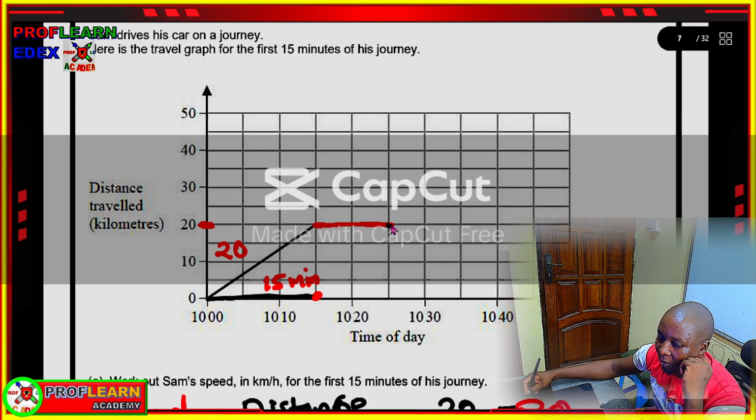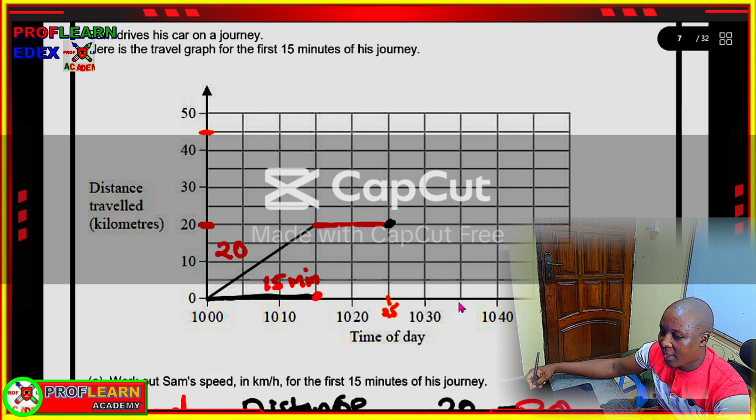So from 20 plus 25, it has to be 45. The distance should be 45. And also for time, 25 plus 20, that's going to be 45.